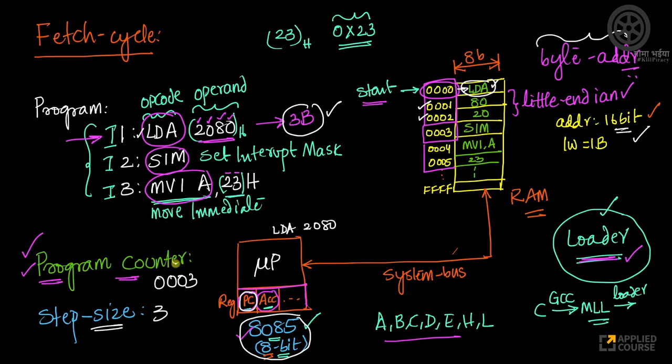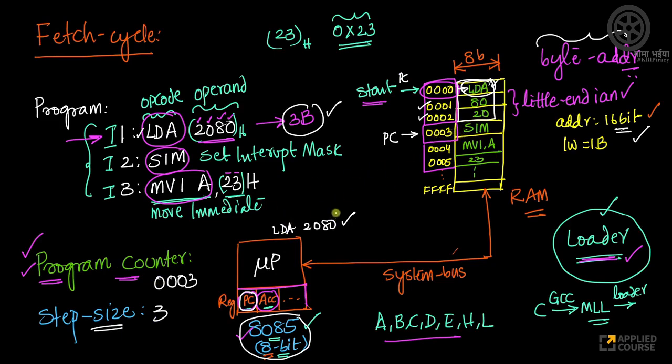While the microprocessor is executing this LDA instruction, my program counter already starts pointing to the next instruction. Initially it was pointing to this one, and while this whole instruction is being executed, it updates, because it knows that LDA requires 3 bytes and the next instruction will lie at address 0003.